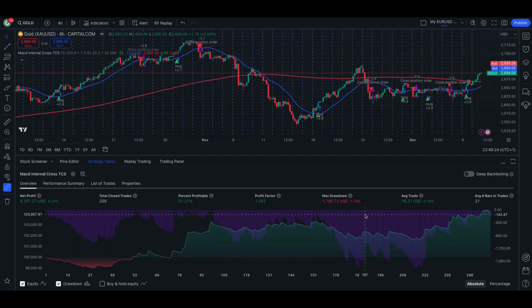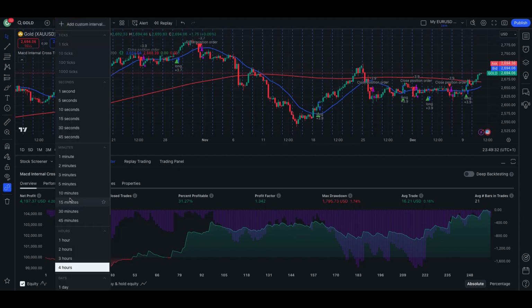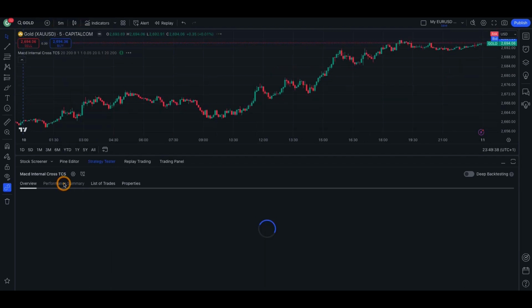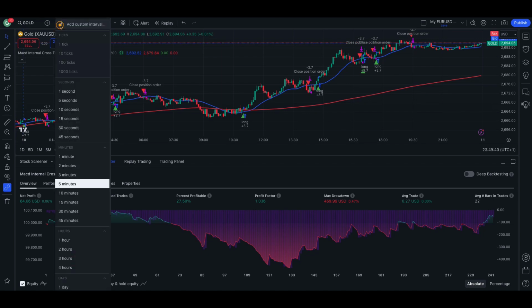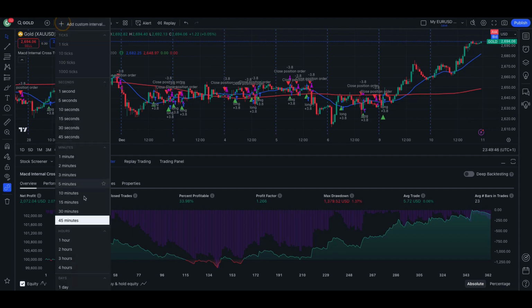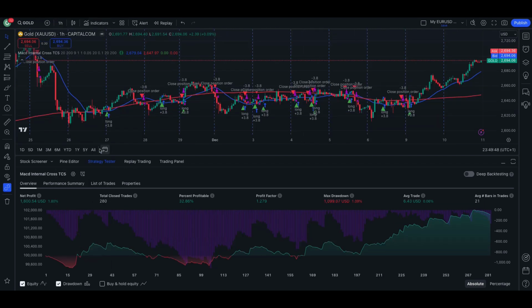Okay, we have 1.74 drawdown, 4.20 net profit. Not bad. And what about 15 minutes? Oh, okay, this is terrible. 5 minutes. Oh, not good. So the sweet spot is around 30 minutes and above, which completely makes sense.